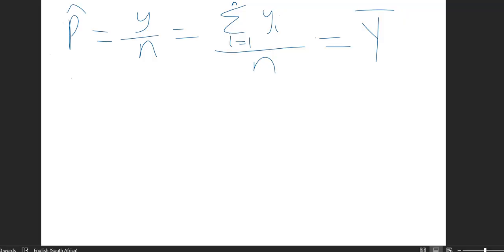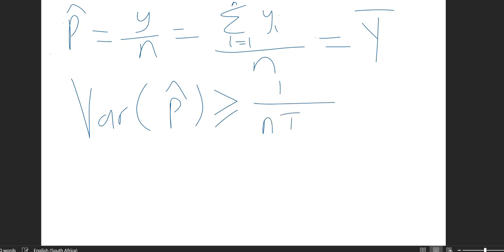Now we need to determine whether the MLE is asymptotically efficient or not. For asymptotic efficiency, we need to inspect the Cramér lower bound, which is the variance of our maximum likelihood estimator, and we compare it with the asymptotic variance.